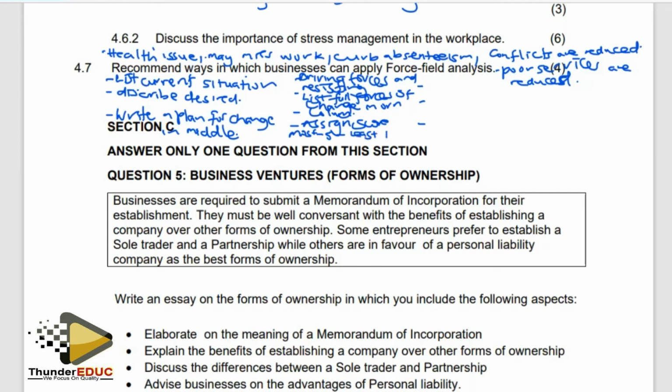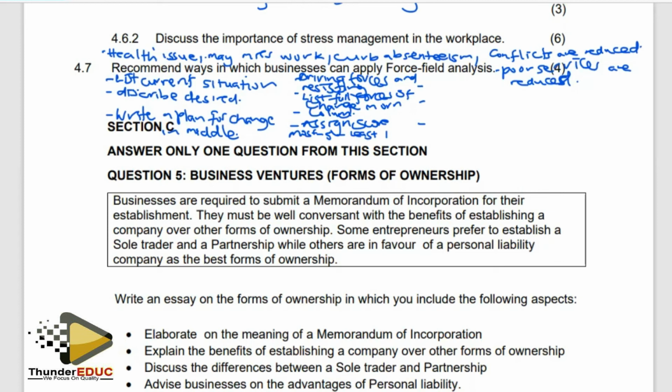So that the one with the highest score should be considered. That is how we use force field analysis.